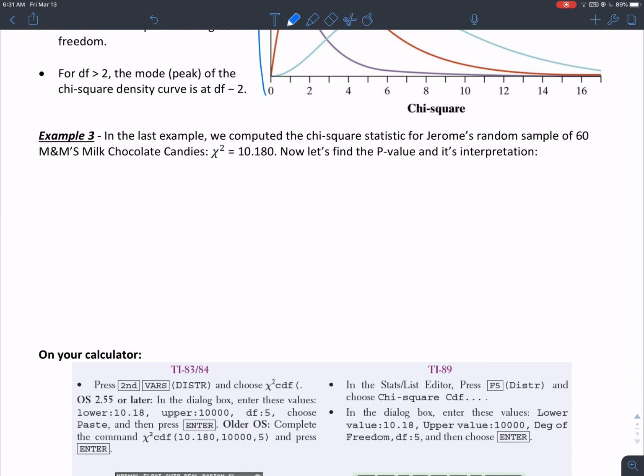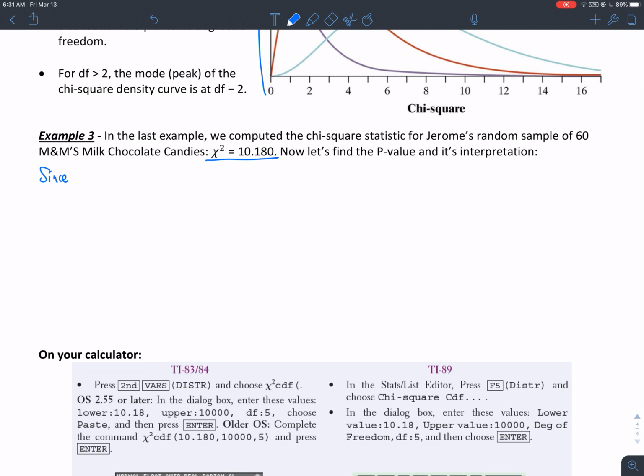In the last example we computed Jerome's chi-square statistic. Let's find the p-value and interpret it.